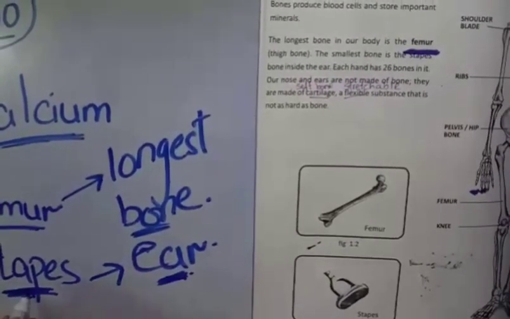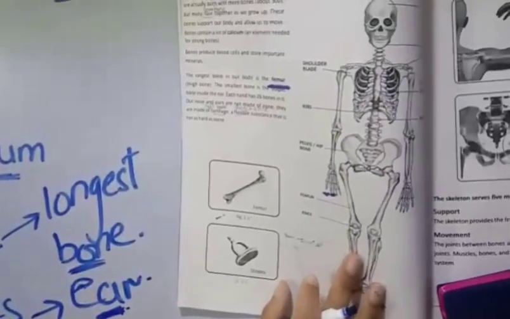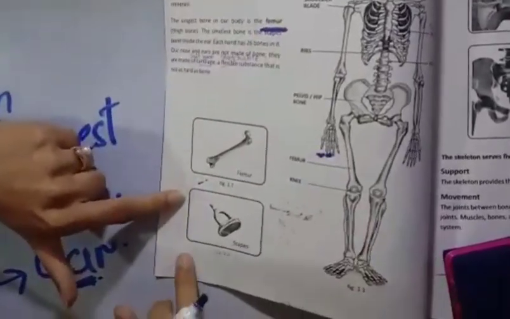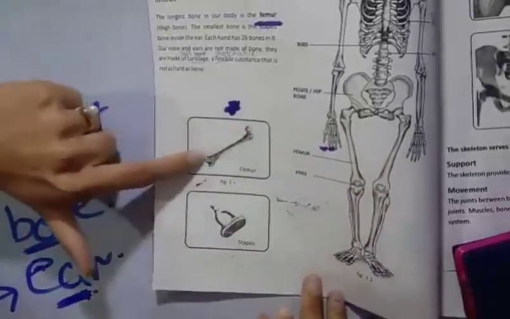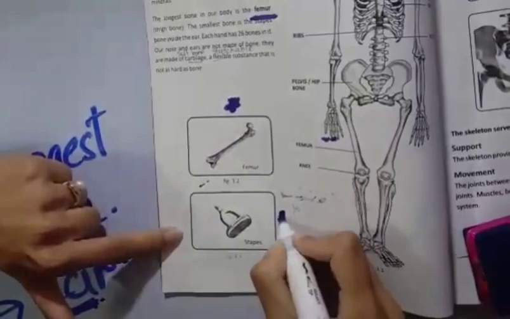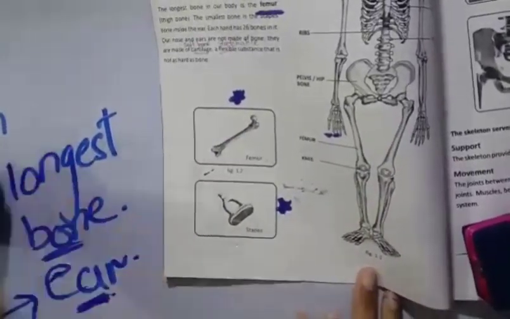This bone is also known as the stirrup bone. These two things are very important for your objective portion. Make a star on your page number 1. You can see here is the femur bone, the longest bone present in your thigh portion, and this is the stapes, the smallest bone present in your middle ear.